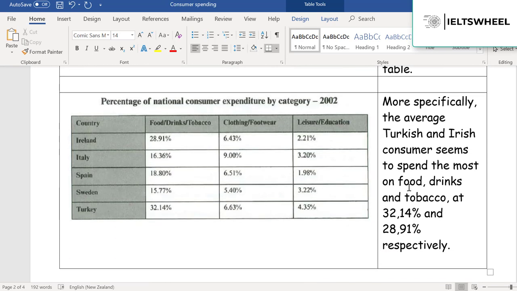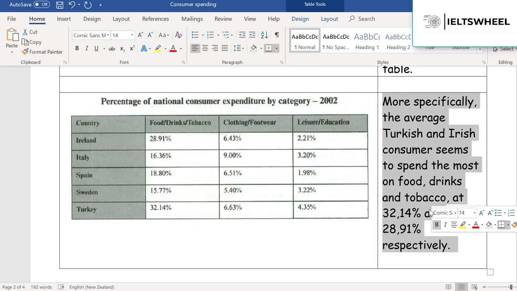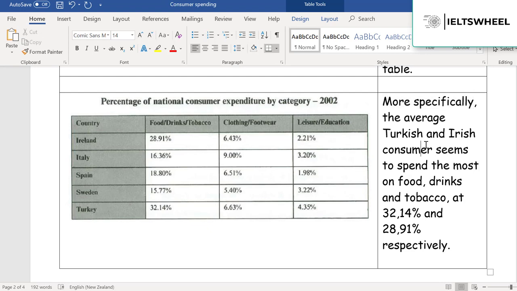Now let's move on. More specifically, the average Turkish and Irish consumer seems to spend the most on food, drinks, and tobacco at 32.14% and 28.91% respectively. So more specifically, now we want to provide the examiner with more detail.